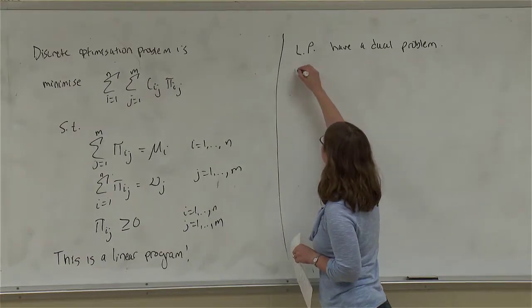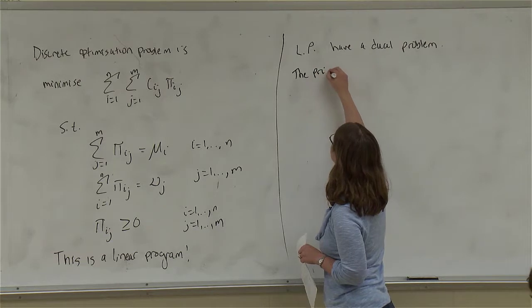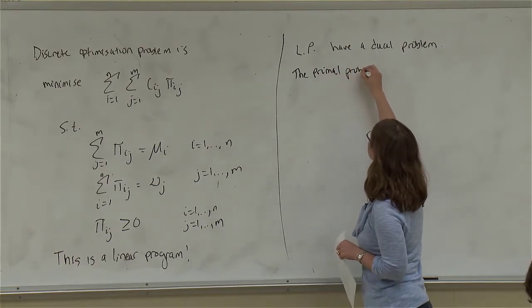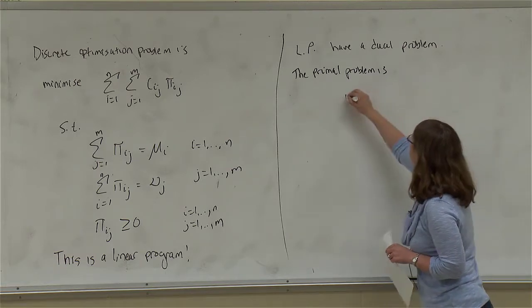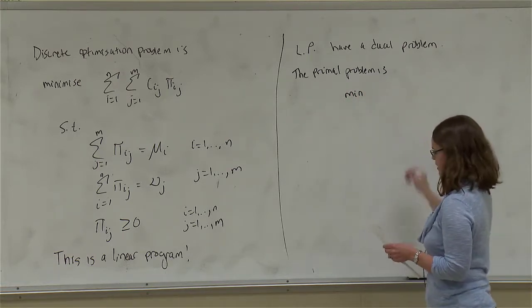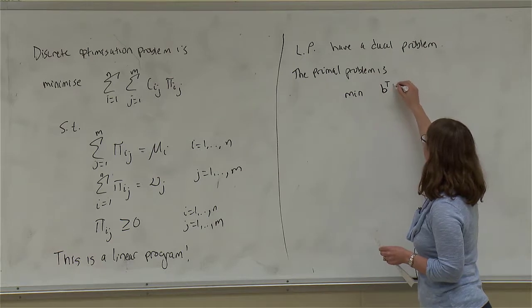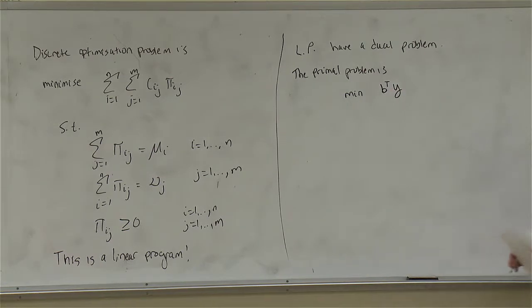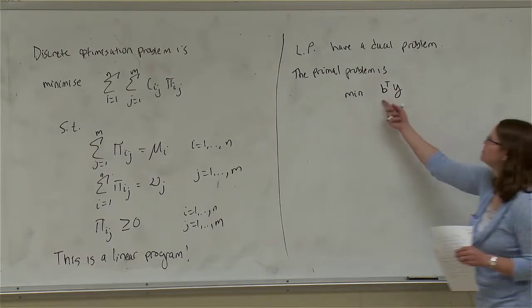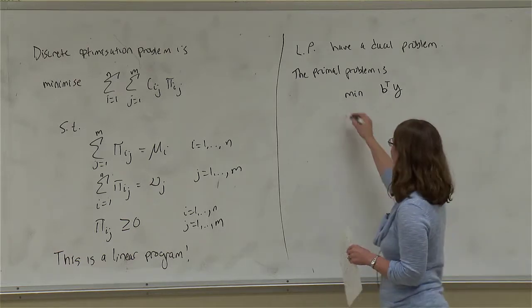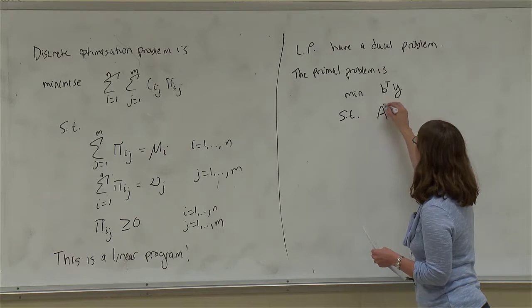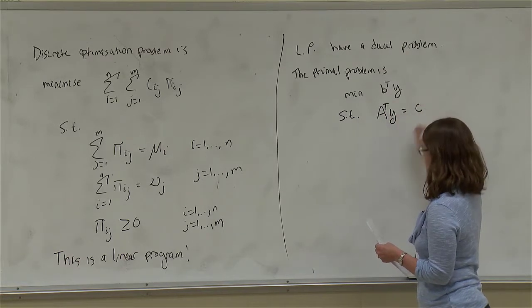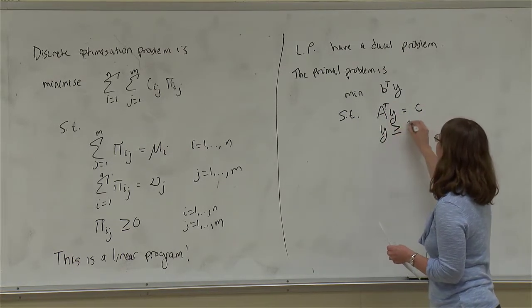So the original, the primal problem, is something like this. Let's say we want to minimize something like b transpose y. Okay, so b is a given vector, y is the thing that we're trying to come up with, subject to A transpose y is equal to some c, and y is greater than or equal to 0.